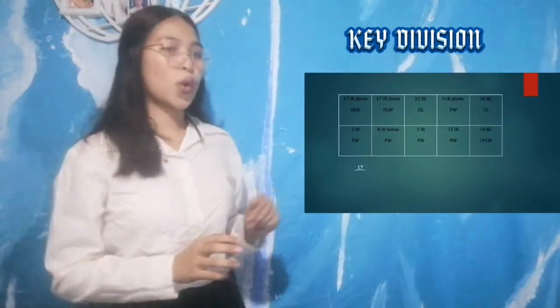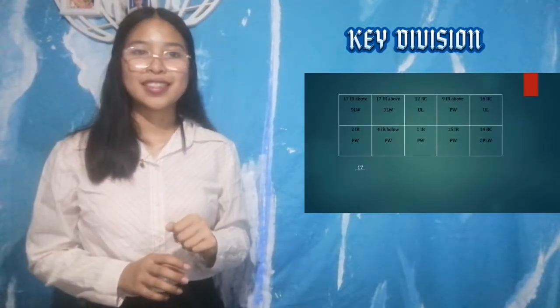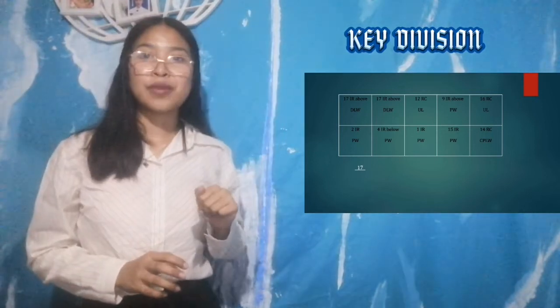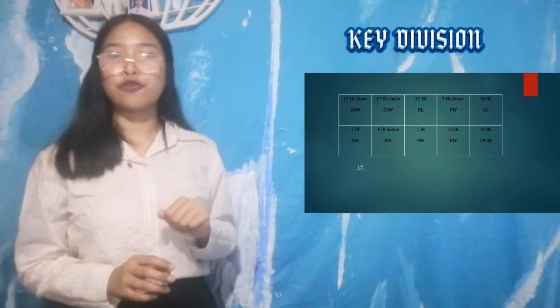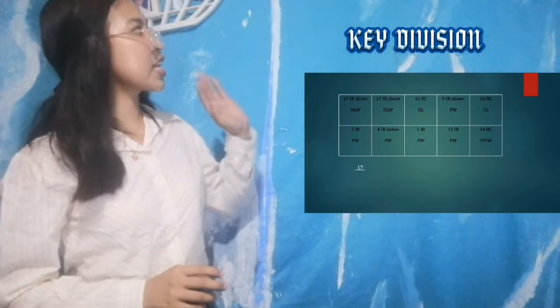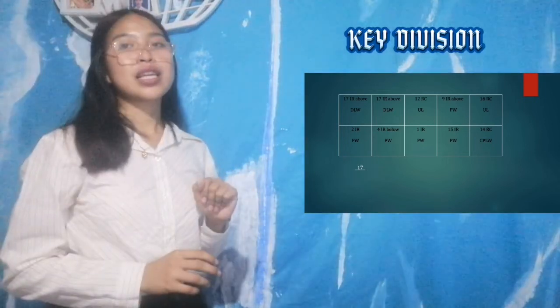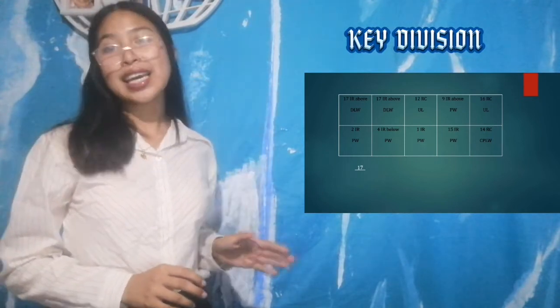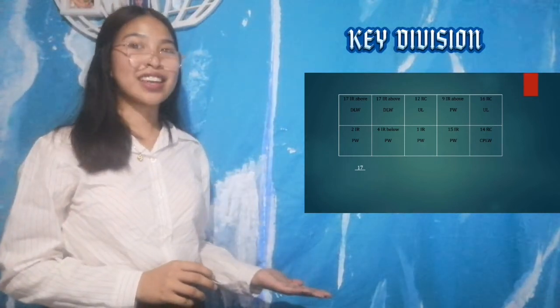Let's try this one for key division. The ridge count here in the right thumb is a double loop whorl, with 17 intervening ridges above. So write it as 17 without a denominator.